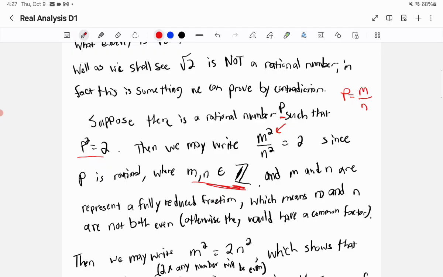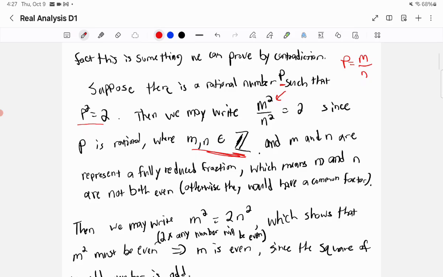So we say we cannot have both m and n be even, and p is equal to m divided by n. Great, so we're starting out with this.